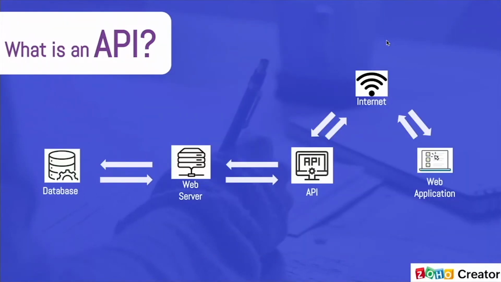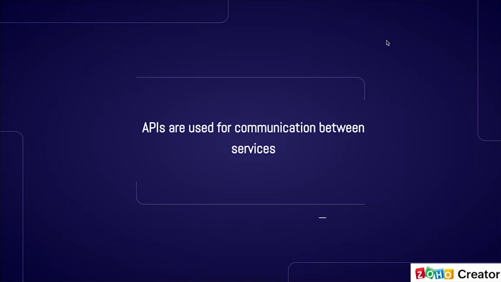In simple terms, let's say you have a web application connected through the internet and you're performing an API call. This API is going to communicate with the server to get the resources you need from the database, and the web server gives it back to your application through the API. As simple as that. API is just for communicating between two services.